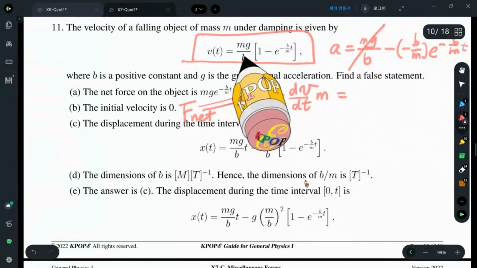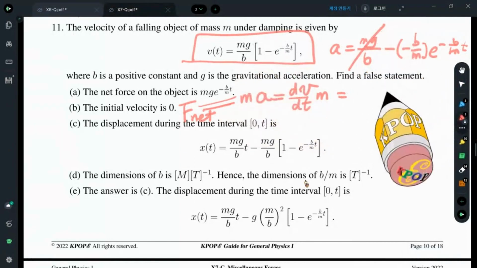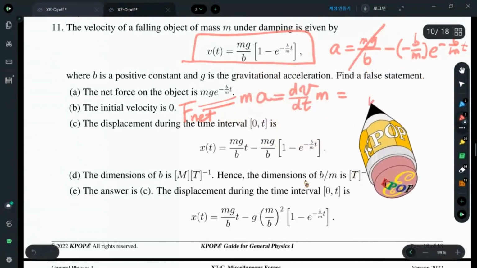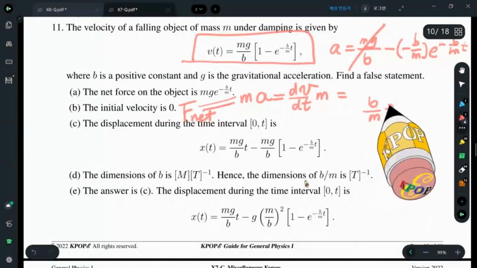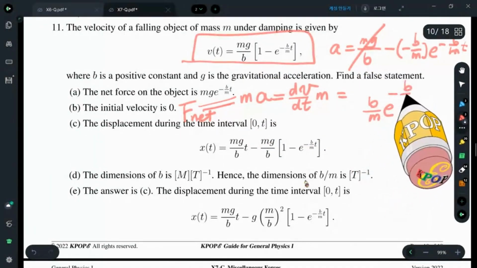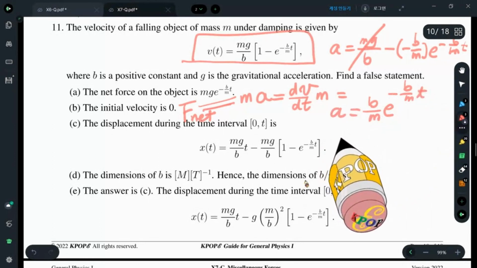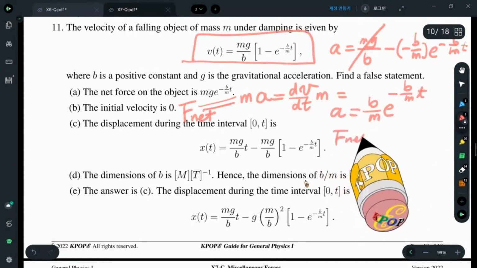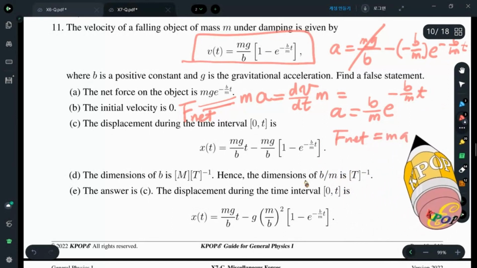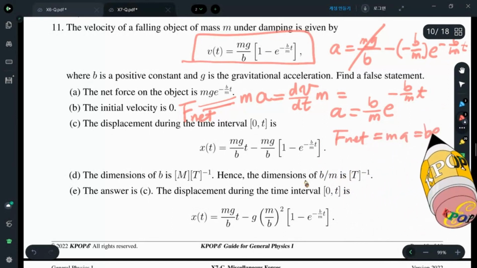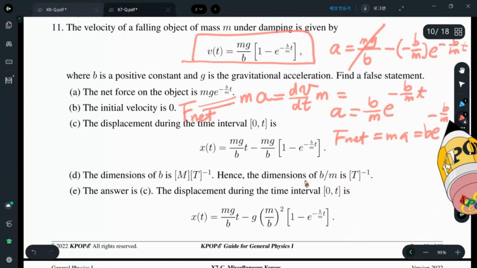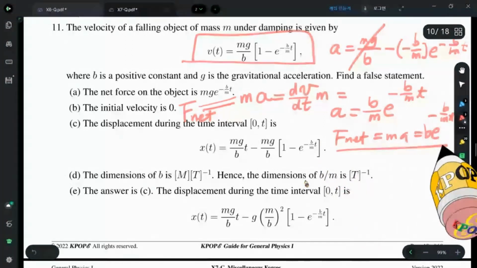This one disappears if I take the derivative. The answer is v over m e to the b over m t. That is acceleration. Multiplied by mass, so F net equals ma equals b e to the minus b over m t. That is the net force.